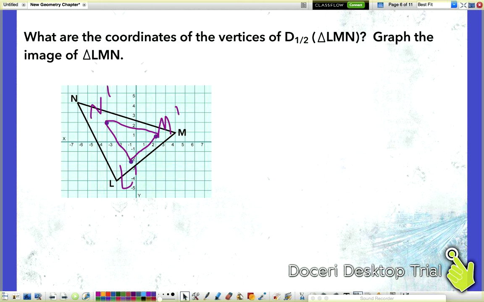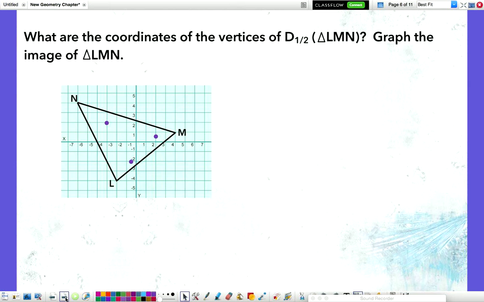Okay, so is that kind of making sense? Okay, so let's check out the next one. And I'm going to try to type this because sometimes it's neater to see.